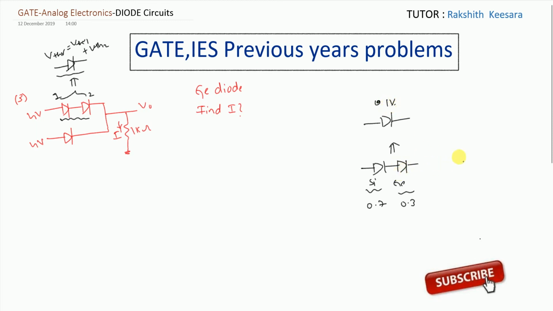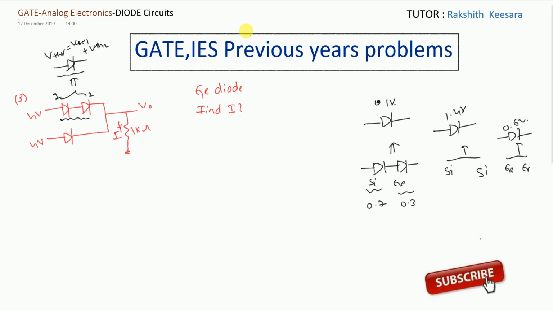Similarly, if there are two silicon diodes in series, we will consider this as a diode which is having threshold voltage of 1.4 volt, 0.7 plus 0.7. If there are two germanium diodes, we will consider a single diode which is having threshold voltage of 0.6 volt. So this is the concept, guys.